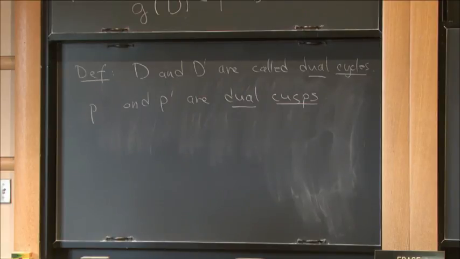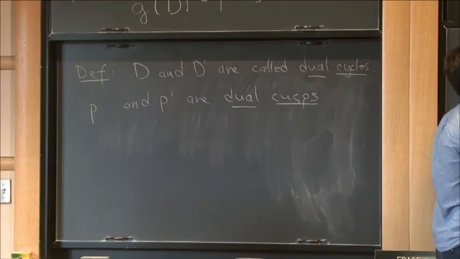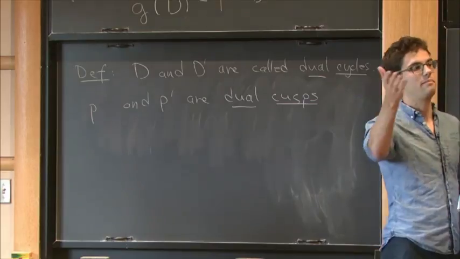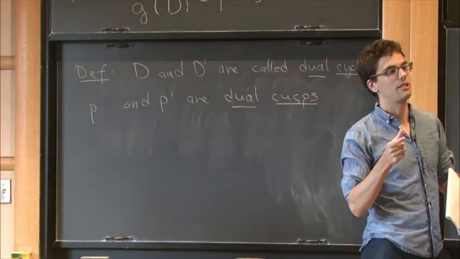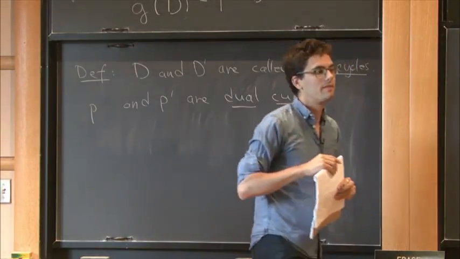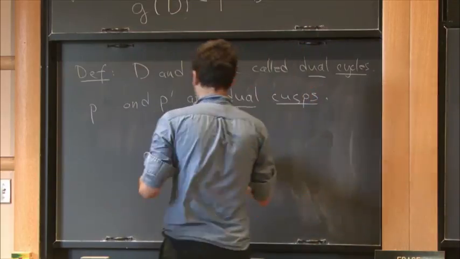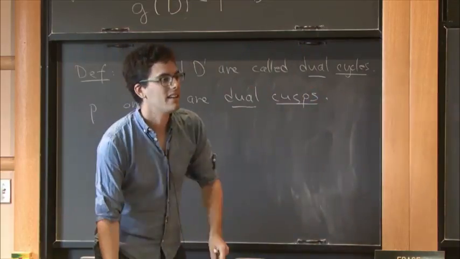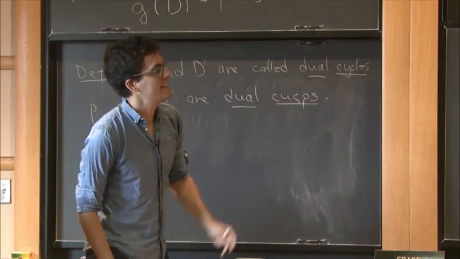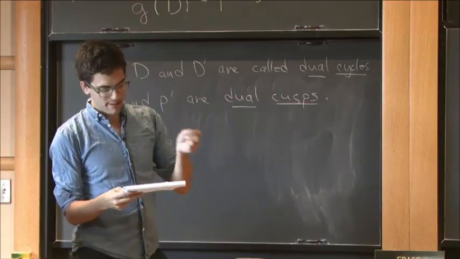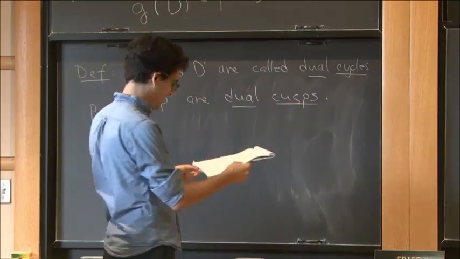And furthermore, any cusp singularity appears on some Hirzebruch-Jung surface. So the Hirzebruch-Jung surfaces are in bijective correspondence with pairs of dual cusps. Yeah, so we're going to get to that. There's something very beautiful relating them.